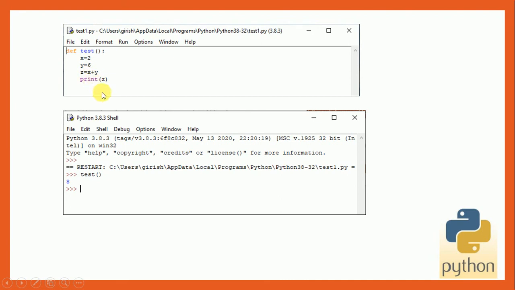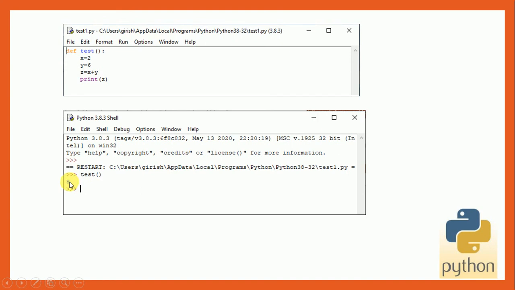So after that, we will go to File and then save this one as test1.py. Then after that, we will click run. Then we get this Python shell, and here we are writing test, that is the name of the function.